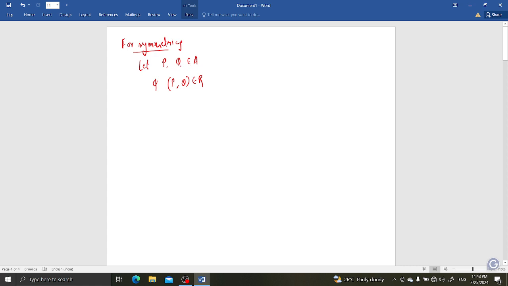That's why I'm choosing capital P and capital Q. Now, if (P, Q) belongs to R, then it means OP equals OQ.